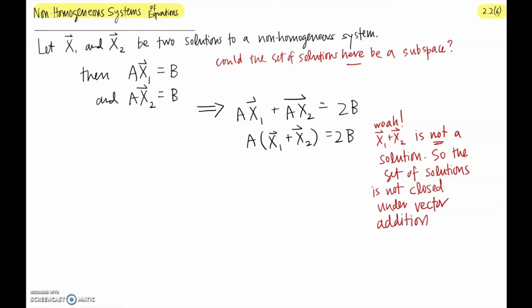And so importantly, that set is not a subspace. It would also fail with scalar multiplication as well. But once we know that it fails vector addition, we know it's not a subspace.